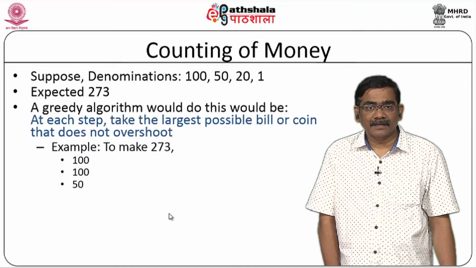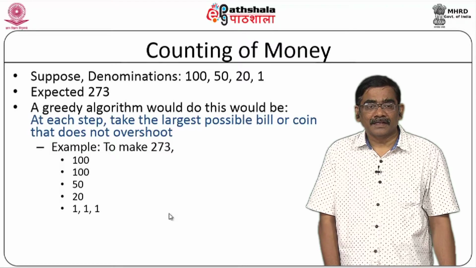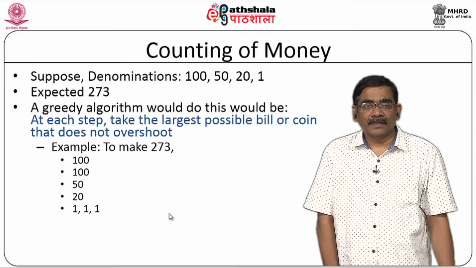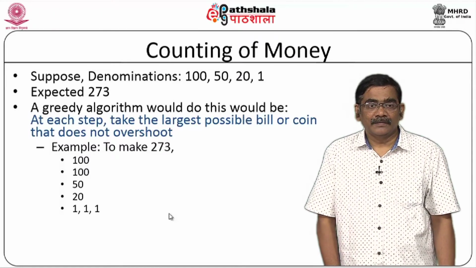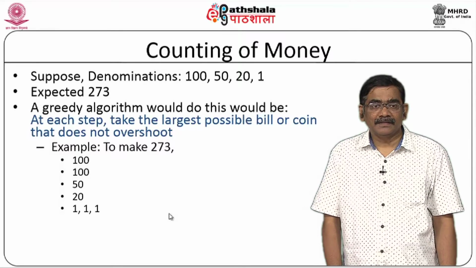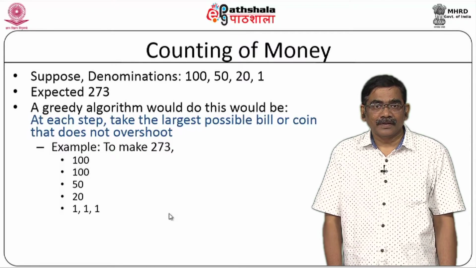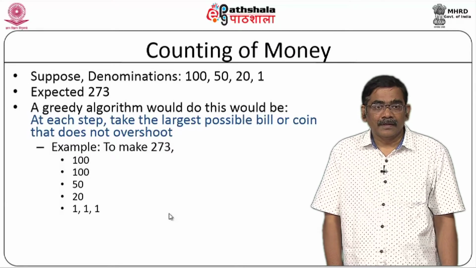So, that means the largest denomination is 20. So, 3 is pending, which must be satisfied as 1, 1, 1. So, the coin change solution for the expected 273 will be 100 plus 100 plus 50 plus 20 and 3 ones. So, this is the optimal solution.